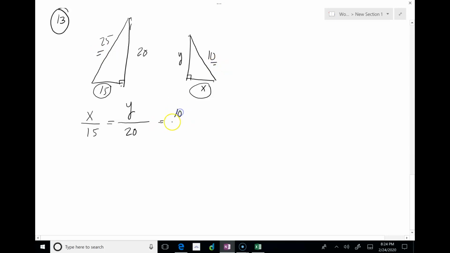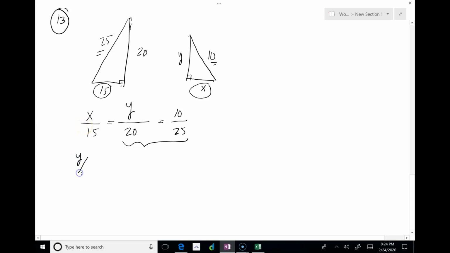The numerators are all for the smaller triangle, the denominators are for the bigger one. So just make sure you have the correct correspondence. You cannot do all three together. You can start with two of them and then go to the third one.